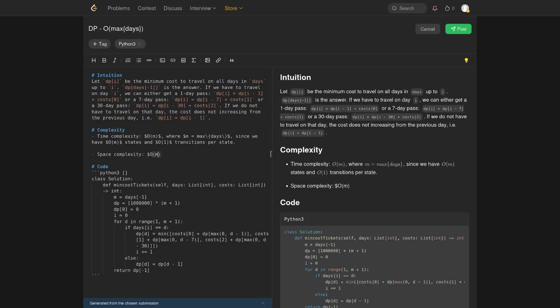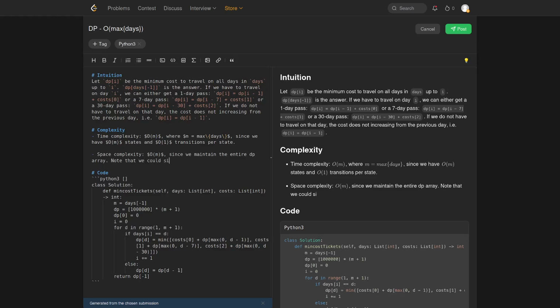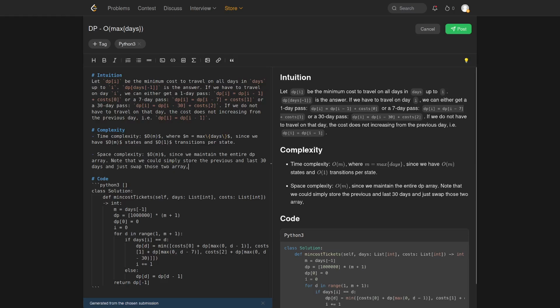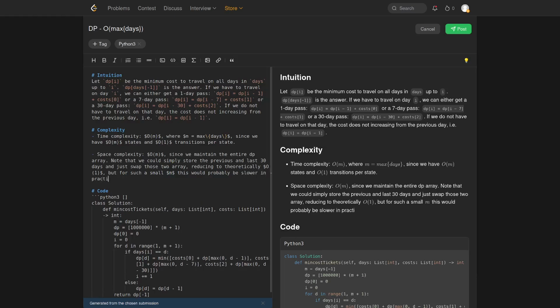Space complexity O(1) since we could simply store the previous last 30 days and erase, so theoretically O(1), but for such a small m this would probably be in practice.